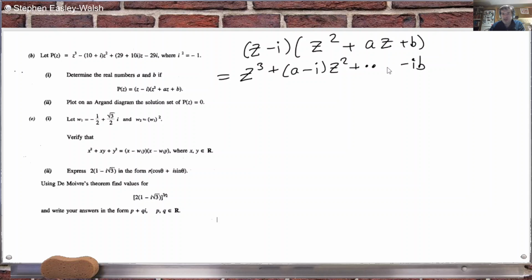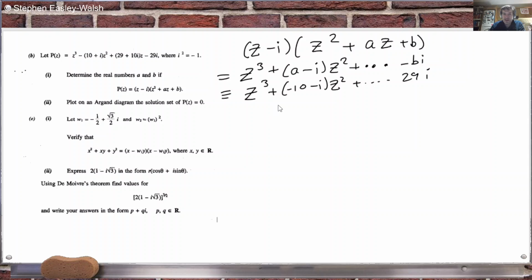Now, if you compare that to what we're supposed to get, which is z cubed, and I'll put the minus inside, minus 10 minus i z squared, and finish up on, in fact I'll write it bi to make it even more obvious what I'm doing here, minus 29i.